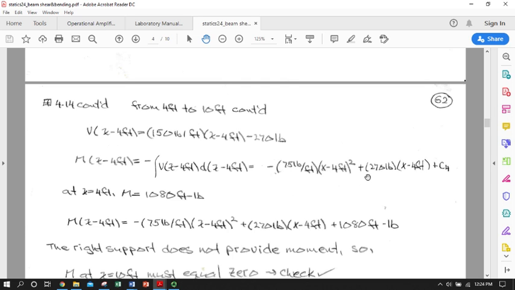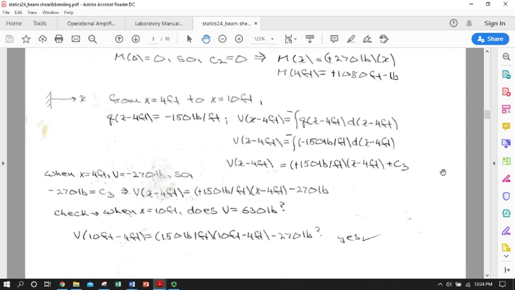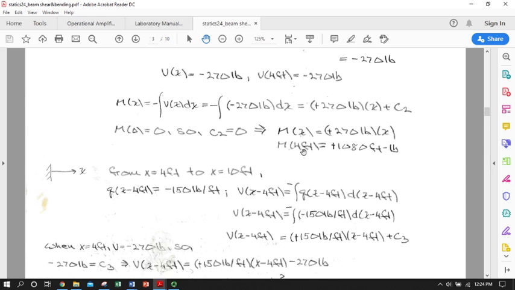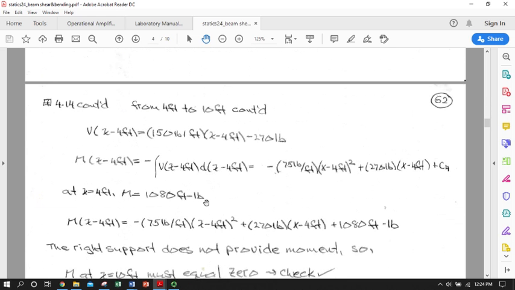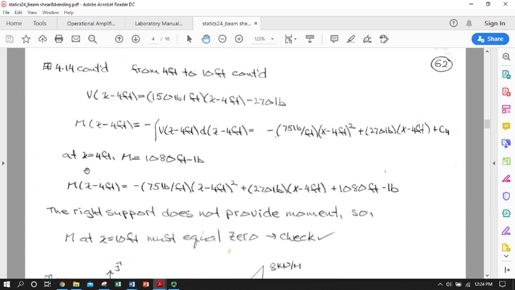This is my indefinite integral with our constant of integration. I'm going to go back to what my moment was at 4 feet from my previous section. I'm going to use that to solve for C4, just some algebra. So I'm going to put in 4 feet here.